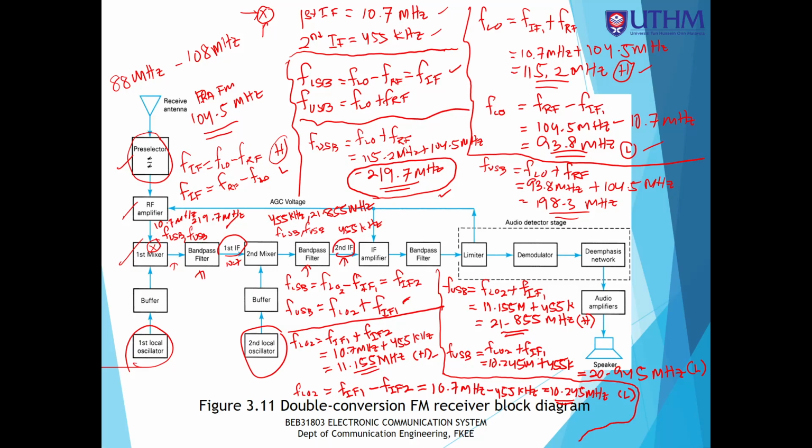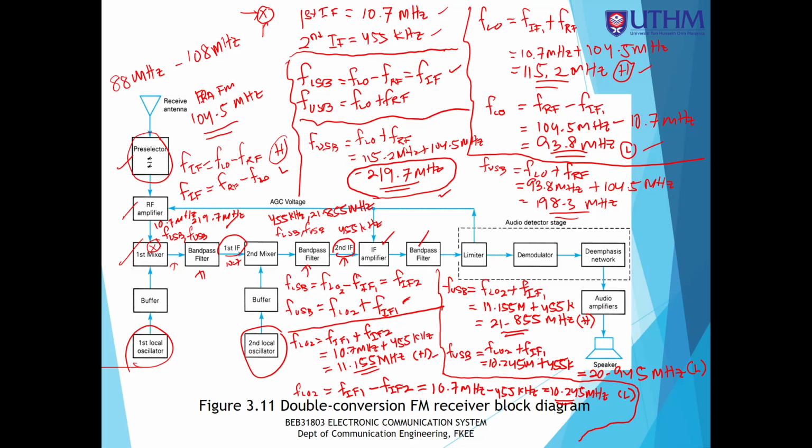Then it goes to the IF amplifier to amplify the amplitude, and then a band pass filter to filter out all the other harmonics, so that I only receive a single channel centered at 455 kilohertz.